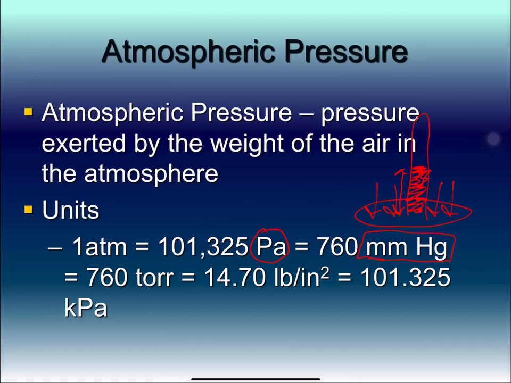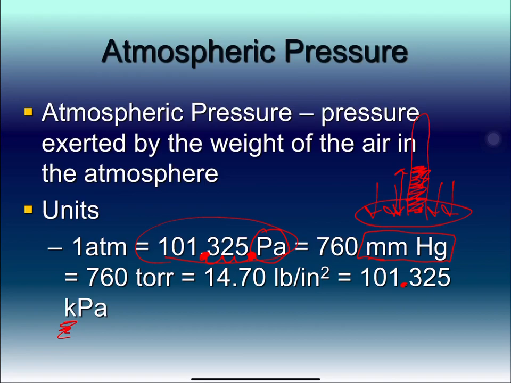Pounds per square inch is probably something you've heard before, maybe in a math class. And this last one here is kilopascals, which is really just our pascals converted into kilo, right? To go from a standard unit to kilo, you move the decimal 3 places to the left. The decimal was here, and we moved it 1, 2, 3, and we got 101.325 kilopascals.